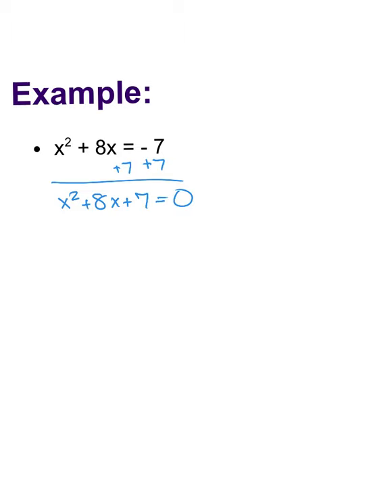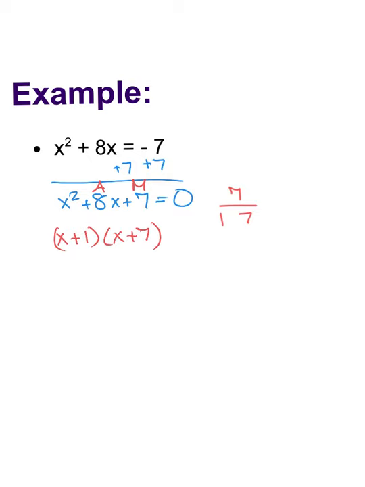Now to factor this, they have nothing in common, those 3 terms on the left. There's 3 terms, so it can't be the difference of 2 squares. So I'm going to try the AM method, add multiply. So I'm going to think of factors of 7 that add to 8. Hopefully you pick 1 and 7. So now if I factor this, it factors to x plus 1, x plus 7.